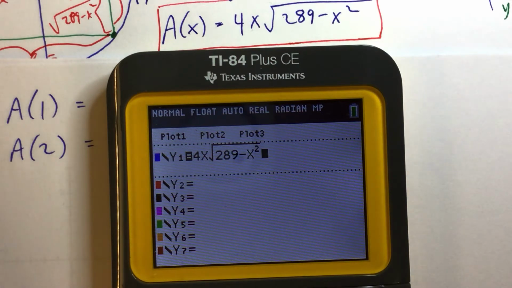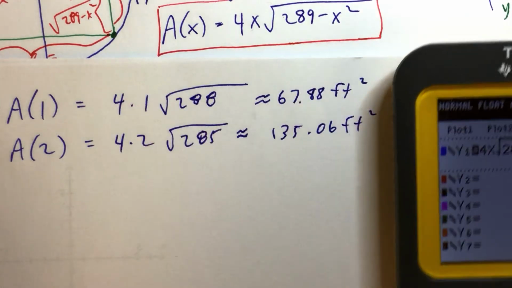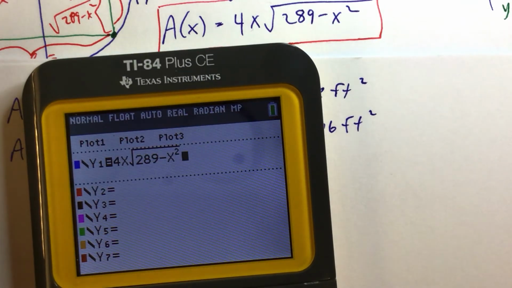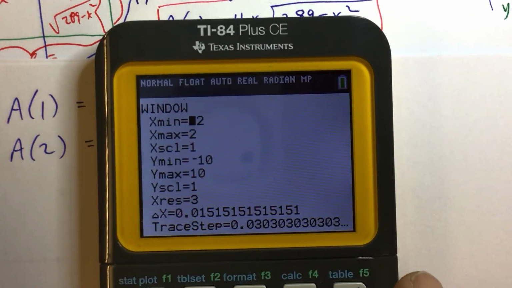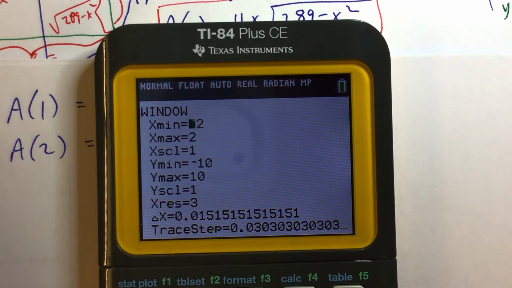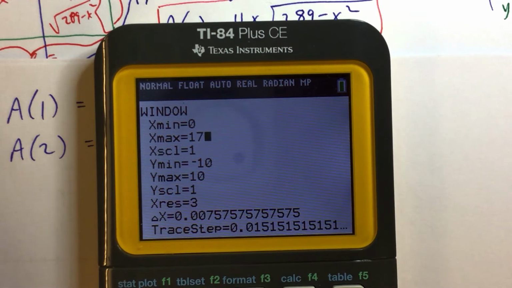All right, so we have this function, and let's look at our numbers here so we can adjust our window. If you're on a calculator, the lowest x would be 0, and the highest x can't be bigger than 17, so let's leave 17 as another boundary.